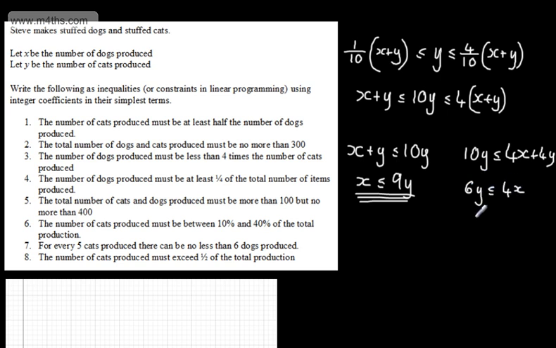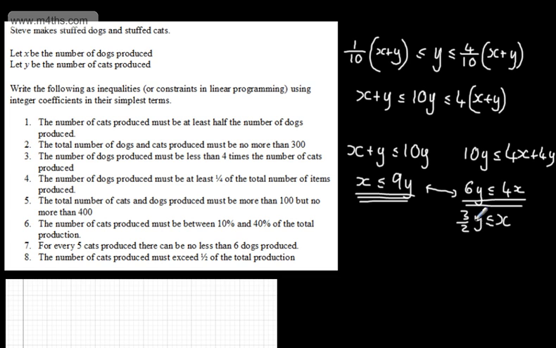Dividing both sides by 4, we have 3/2 as a simplified fraction, less than or equal to X. So these are two constraints that have arisen from the number of cats being produced between 10 and 40% of the total production. We've ended up with these two straightforward inequalities with integer coefficients.